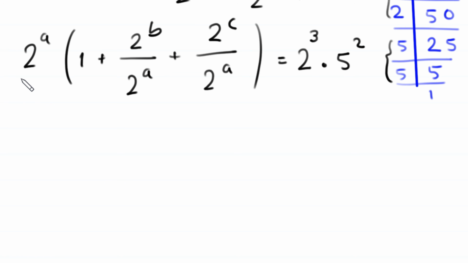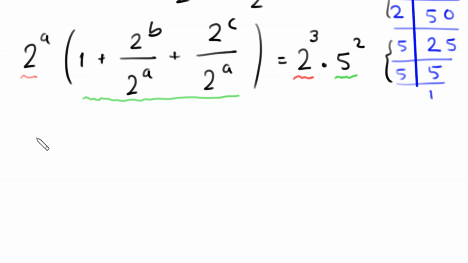Now this 2 to the power a will be equal to 2 cubed, and this expression 1 plus 2 to the power b over 2 to the power a plus 2 to the power c over 2 to the power a will be equal to 5 squared.